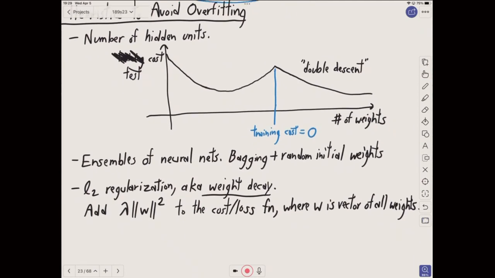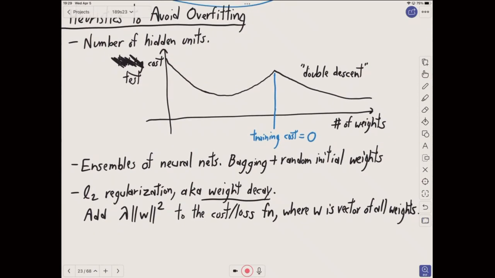I should say, there's always the question of whether you should include the bias terms in here. When I was talking about linear regression, I suggested that you probably should not penalize the bias terms. In neural networks, it's less obvious, because remember what I said about neural networks: units work best when they're in the middle of their nonlinear range.